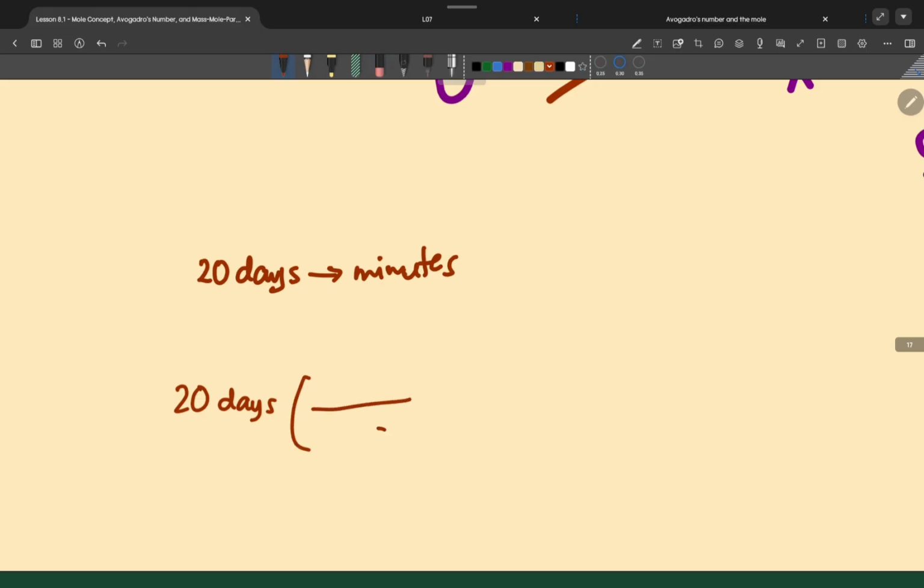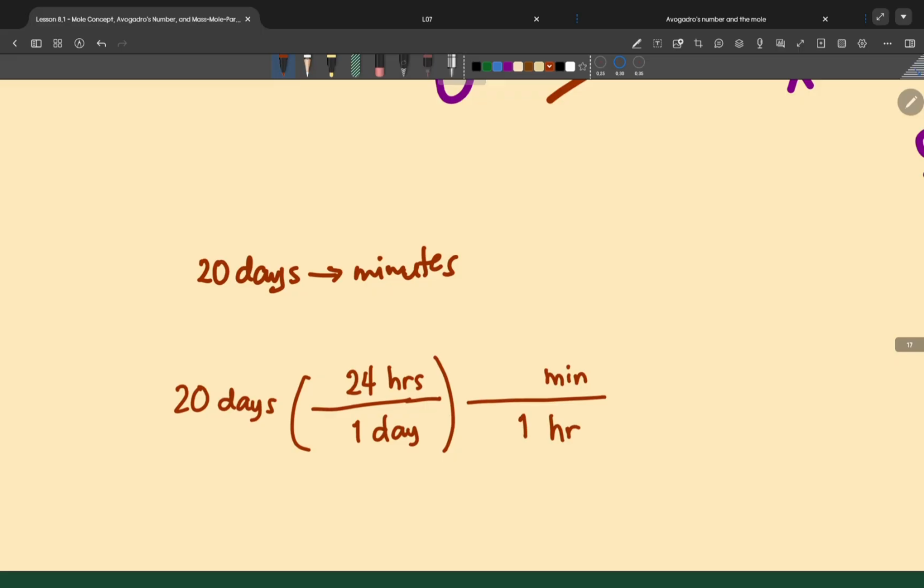So we'll have here days and then hours, because we know that in every 1 day there are 24 hours. And then, to convert that to minutes, we put hours here so that we can get minutes.